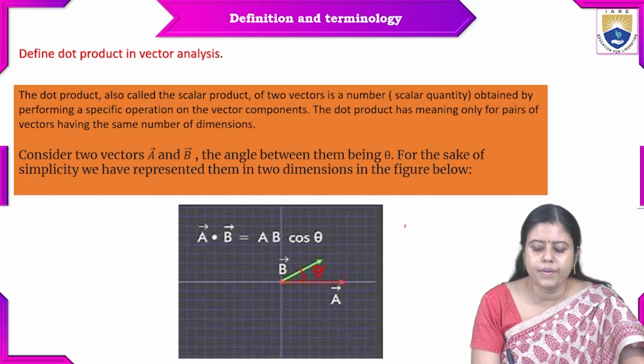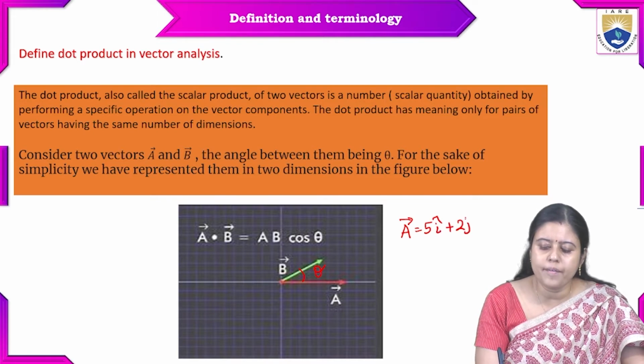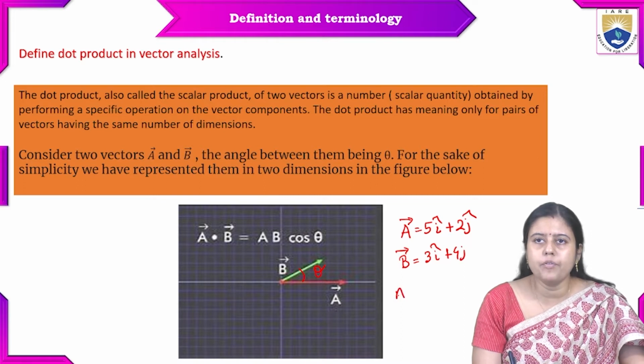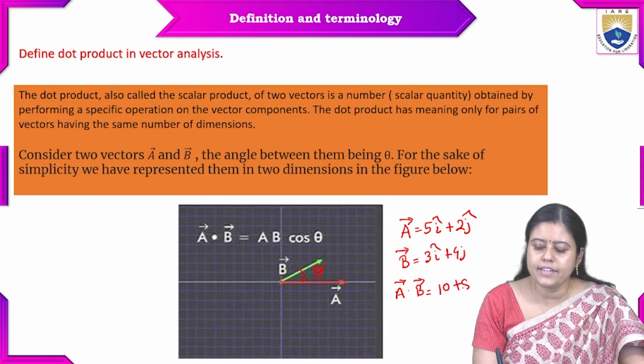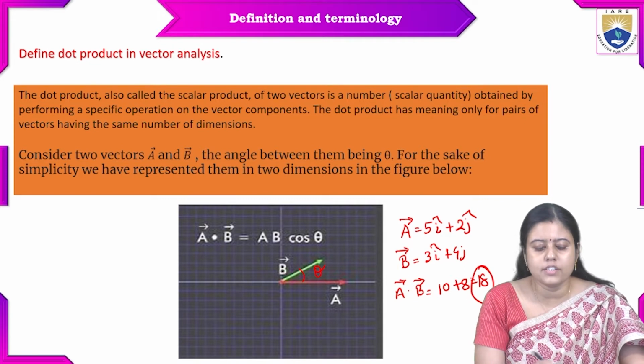For example, if one vector A is 5i plus 2j and B vector is 3i plus 4j, and if we do A dot B, we will get 15 plus 8, that is 23, and this is a scalar quantity. And how can we get the cos theta?